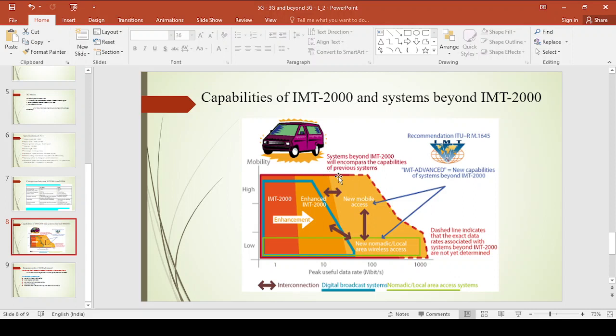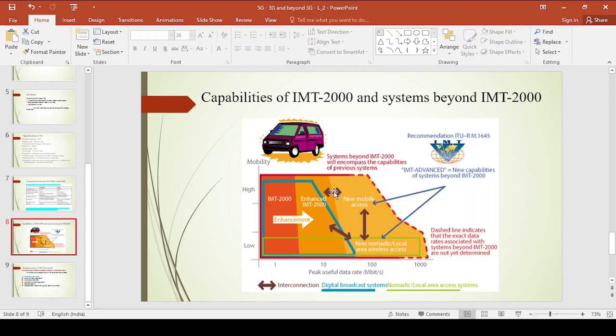The mobility remains constant, but the data rate has been improved. For IMT 2000 mobility is high, but the data rate is only a few megabits per second, which is not preferable, because we require high mobility and also high data rate, but 3G supports only high mobility and doesn't support high data rate. That's why we are going to the advanced version of 3G, that is enhanced 3G.